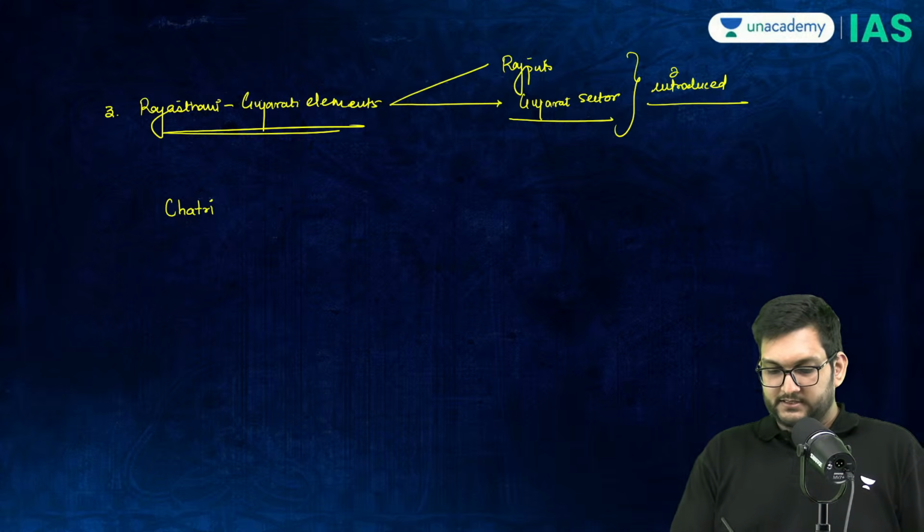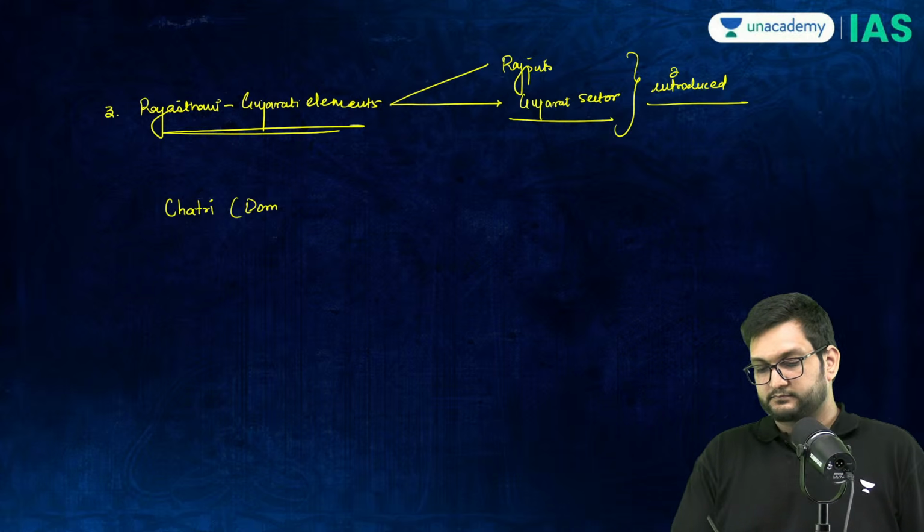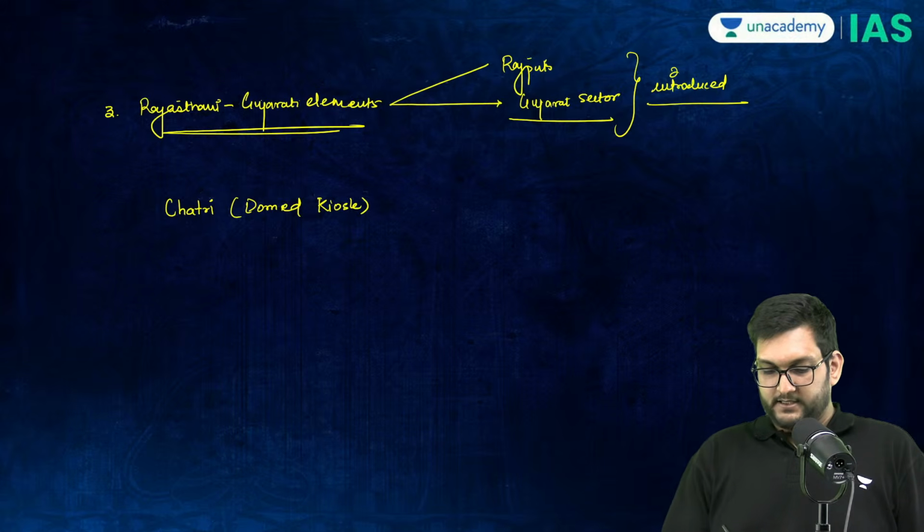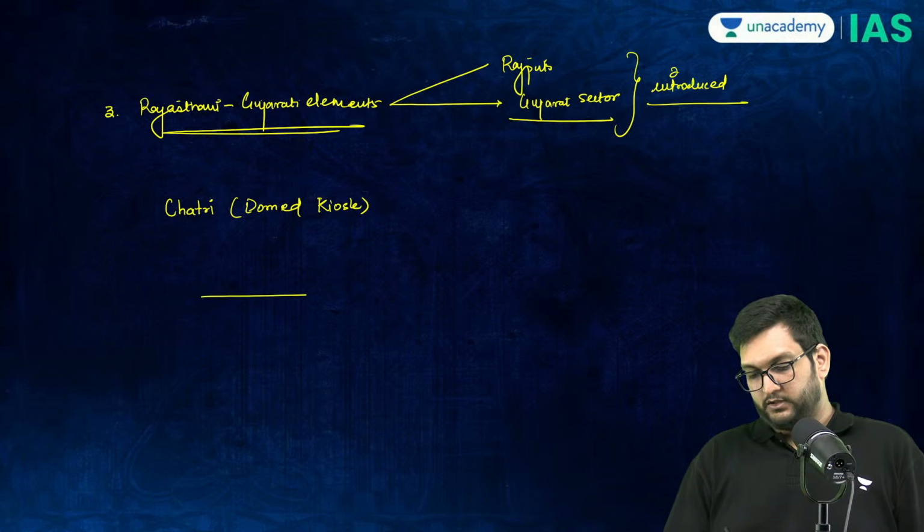Chhatri means a domed kiosk. You must have seen it somewhere for sure.